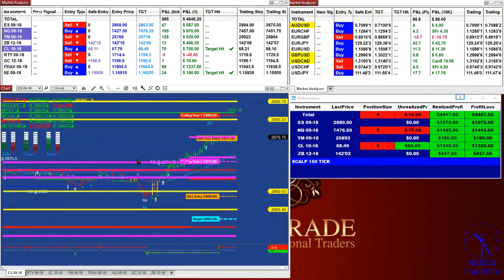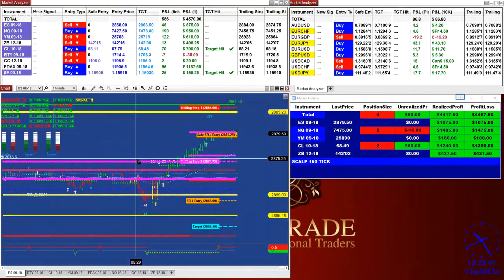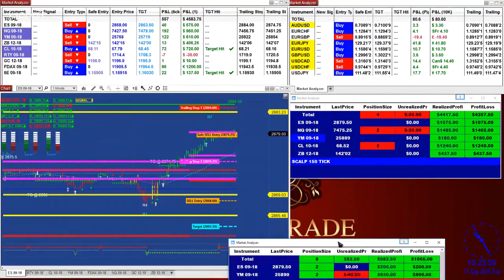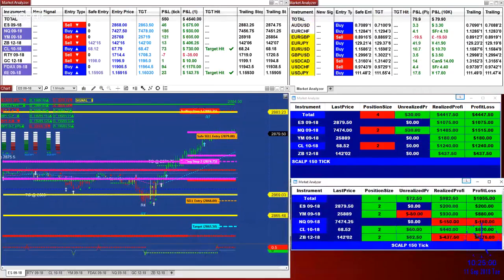You have an ATM strategy and a fully automated one, to trade based on those entry signals. And then we have the scalpers here on the 150 ticks. We normally use the 1 minute and the 150 ticks, and those are the only time frames we use for those markets.